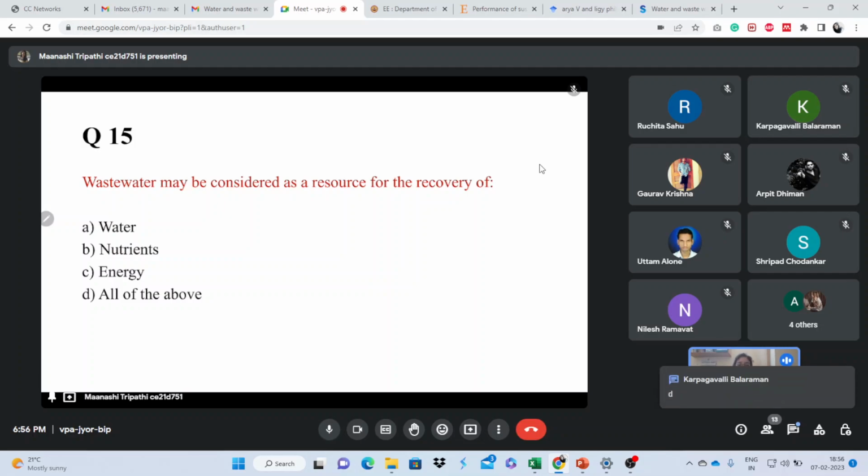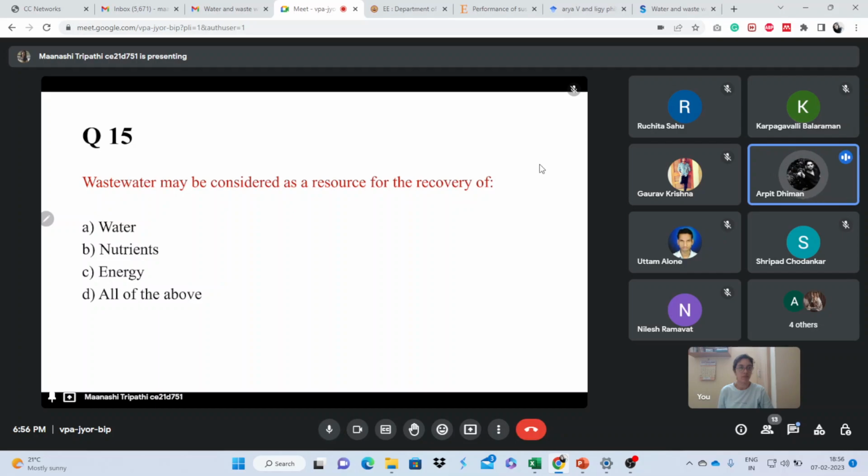Anything you know about all these things? The water, after treatment, can be reused for agriculture purposes or in boilers, industries, thermal power plants. Correct. And nutrients?